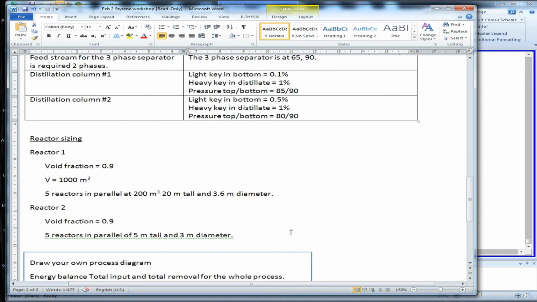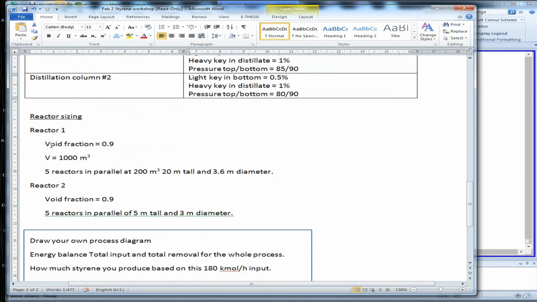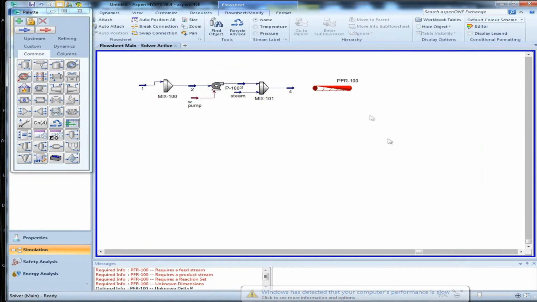Let's go to the reactor. For reactor number 1, of course, we should have catalyst inside, so the void fraction is not totally 1. There is some catalyst inside, and the reactor is equipped with a 20 meter tall, 3.6 meter inner diameter, and there are 5 tubes.